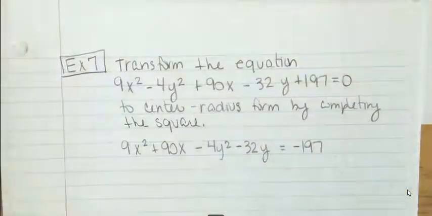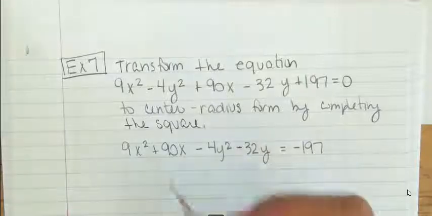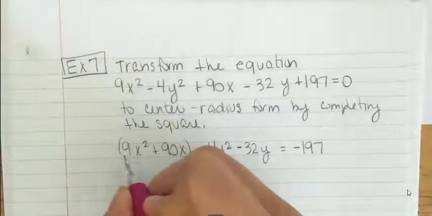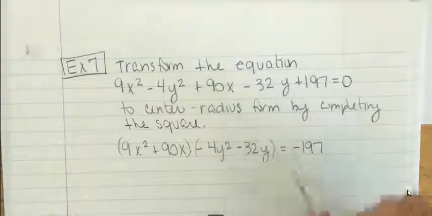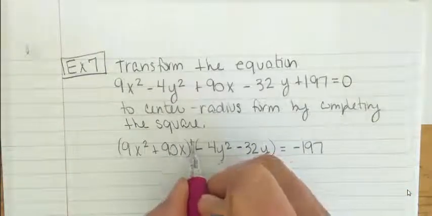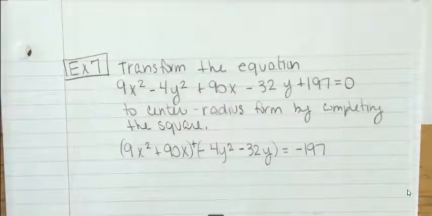So I just move the 197 over to the other side. I'm grouping these together. I'm going to keep that negative with the 4y squared because it belongs with the 4y squared, so I'm going to put a little plus sign in between. And adding a negative is the same as subtracting a positive, so it works out.